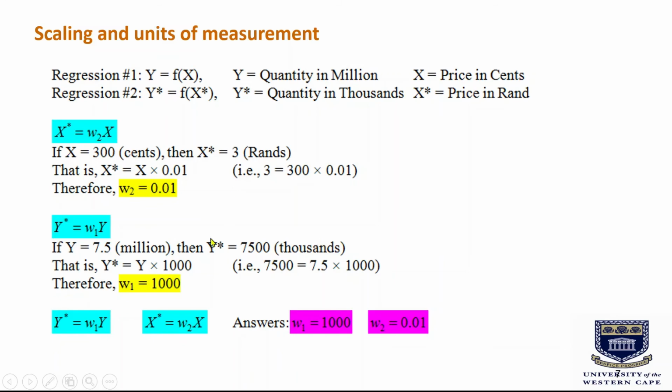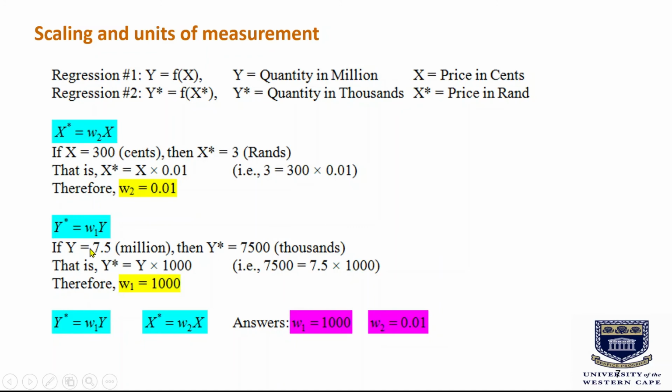In the case of y, in this example, if y is measured in millions, you can put any number here, even 1. On this slide, it says 7.5, but it doesn't matter what the number is. If y is measured in millions and y star is measured in thousands, what do you have to do to the number associated with that measure so that the value remains unchanged?